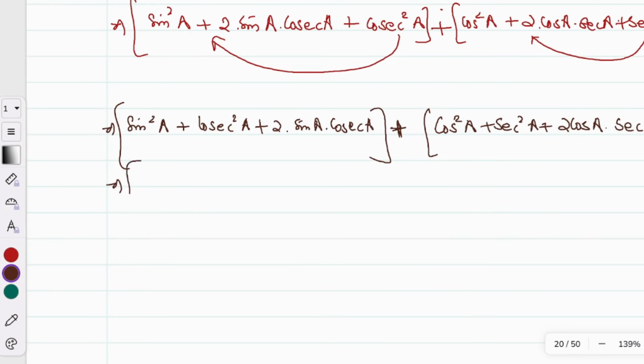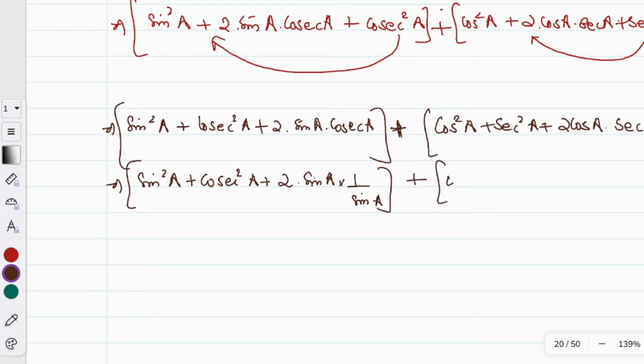Now, sin square A plus cosec square A plus 2 into sin A into cosec A can be written as 1 by sin A, plus cos square A plus sec square A plus 2 into cos A into sec A can be written as 1 by cos A. Clear?